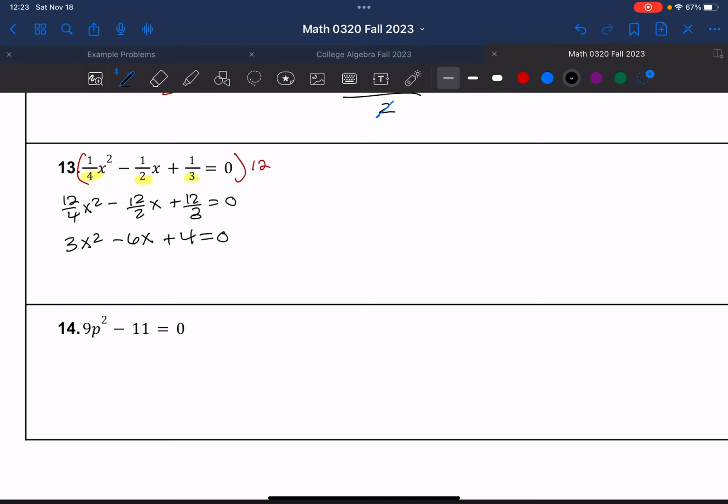Now that I got rid of the fractions, I know that my a is 3, my b is -6, and my 4 is that c value. So go ahead and plug it into the quadratic formula.